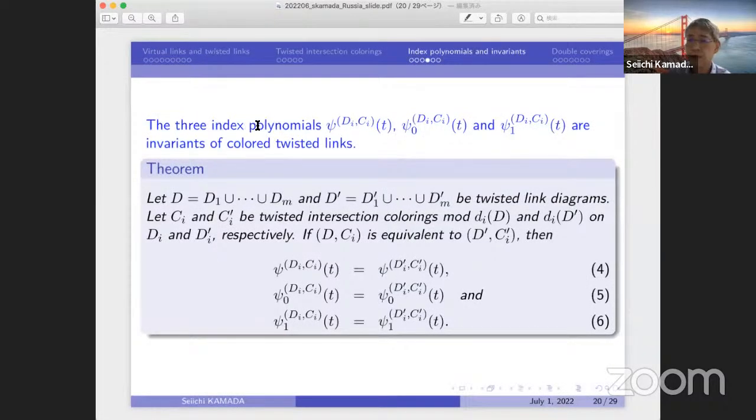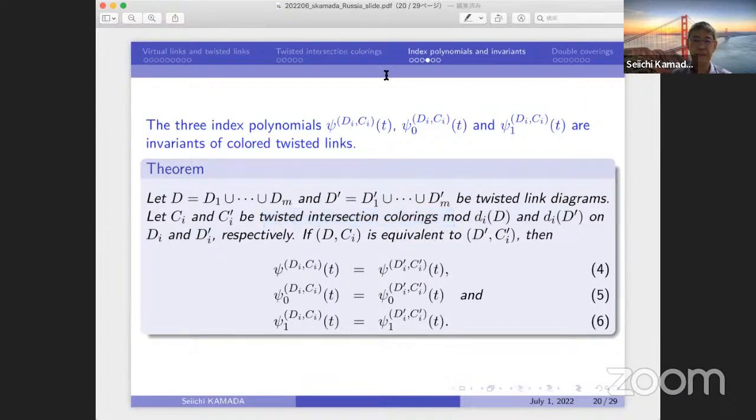These three index polynomials, Psi, Psi0, and Psi1, are invariants of colored twisted rings. In this talk, I'm not going into the details of colored twisted rings, but if link diagrams have a coloring, a twisted intersection coloring, and we apply Reidemeister moves, then the coloring is transformed to another coloring.